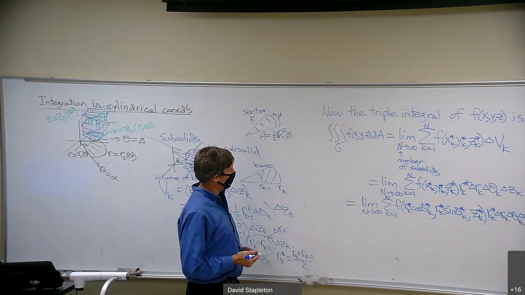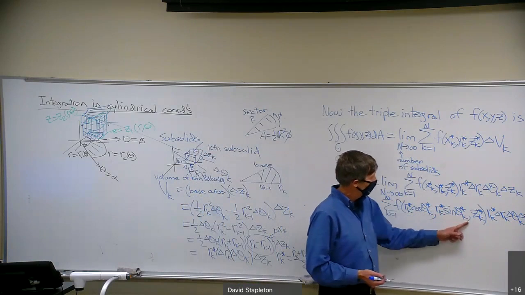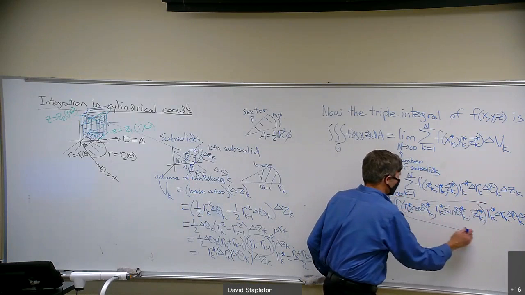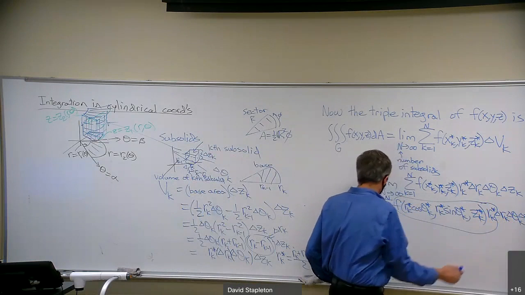We already defined what that is. By definition, this is the triple integral of this function of r, theta, and z, right here. This is the integrand, and this becomes the dr, d theta, dz in the notation.